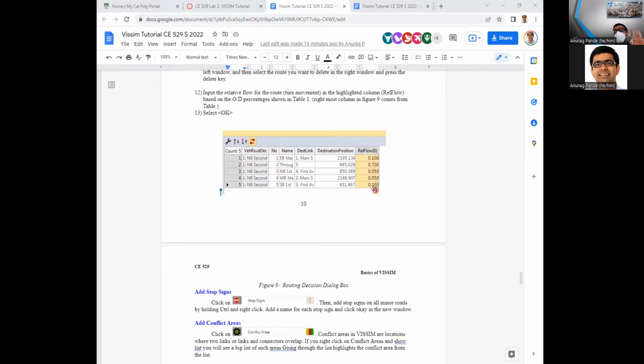They don't have to add up to 100. They don't have to add up to anything, as long as you're able to maintain the correct ratio. So you can directly take the numbers from the table. You can divide them by 10. You can divide them all by 5. It doesn't matter. It's going to be fine. Okay. So I just wanted to make sure that this is clear. So you can go ahead and continue.